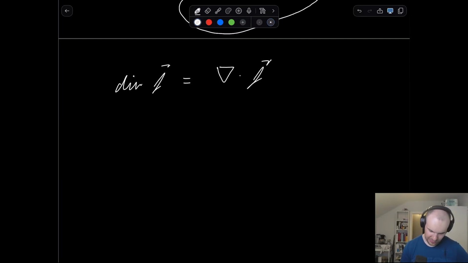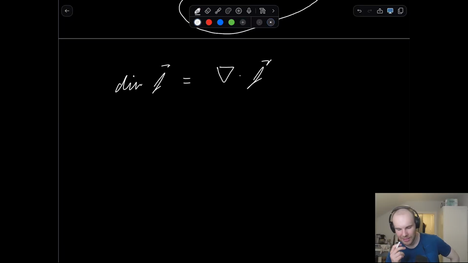Was there an integration there, or is it just nabla? Now I'm actually uncertain. I know it's nabla dot f. I don't particularly remember it.